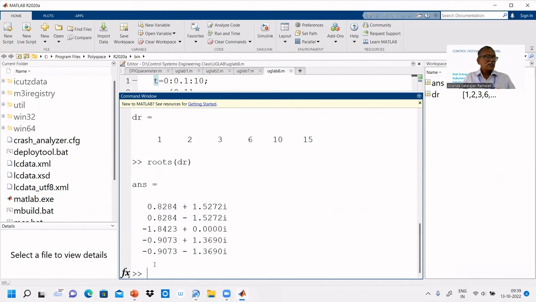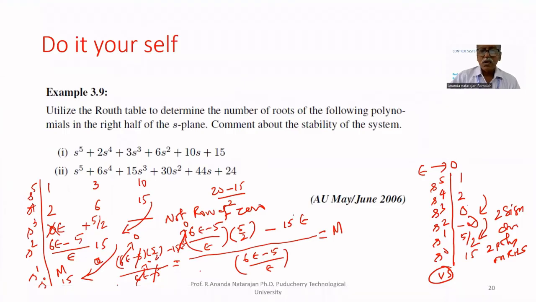Two poles on the right hand side, 3 poles on the left hand side. Only 2 poles having positive real part. Therefore, what we got here is correct. So 2 poles on the right hand side, unstable. 3 poles on the left hand side.